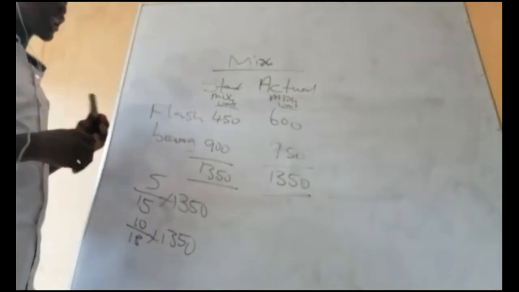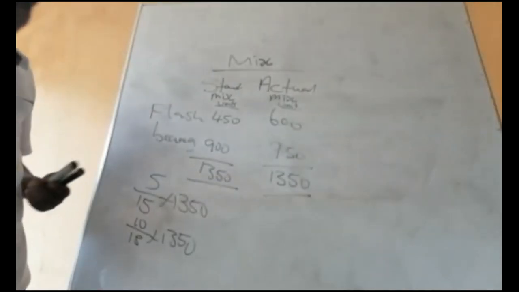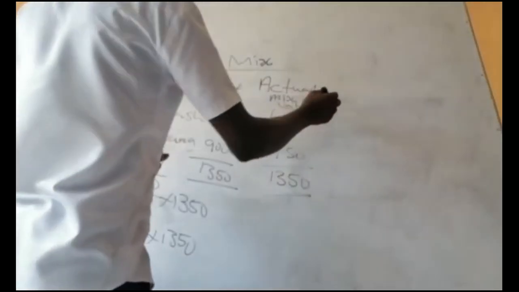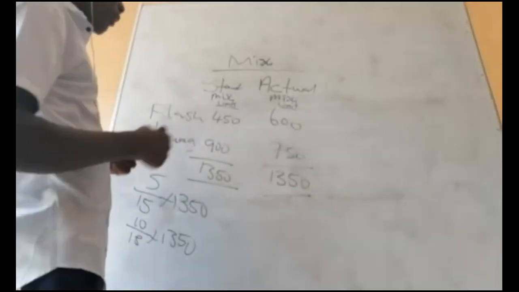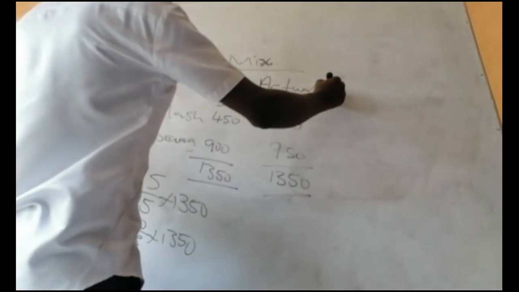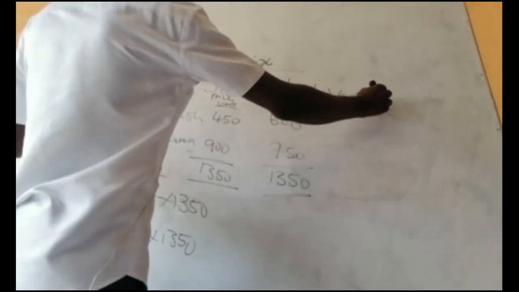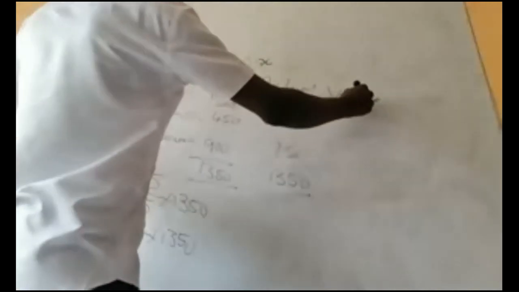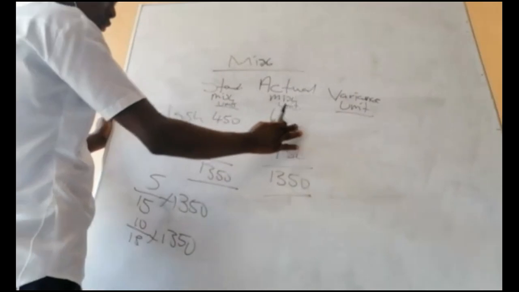Step 4, compare and then find a variance. So here you write the variance, just that this variance is in terms of units. So this is the standard, this is the mix.